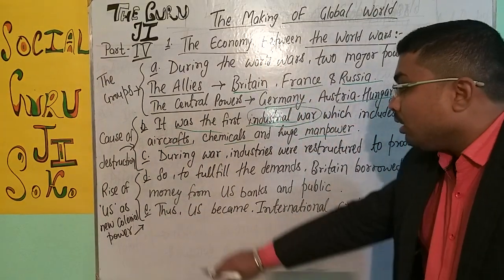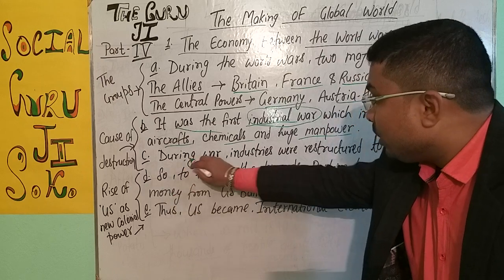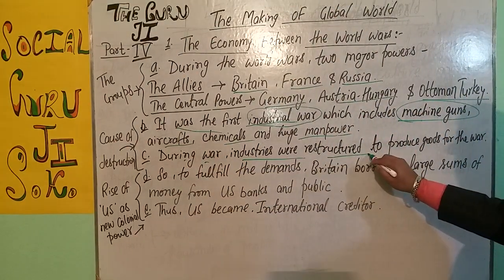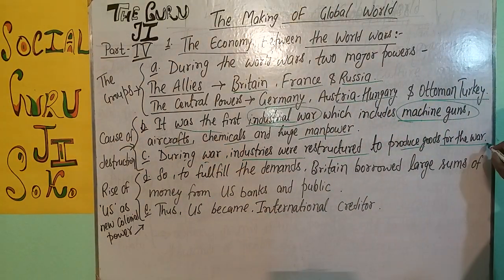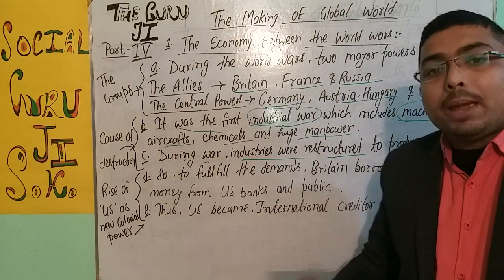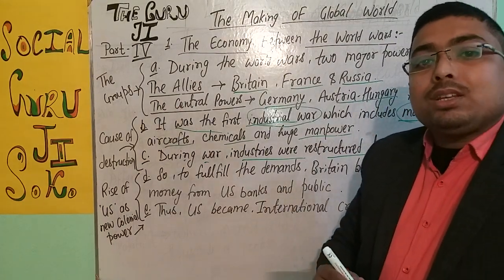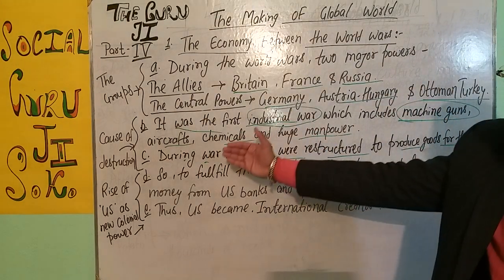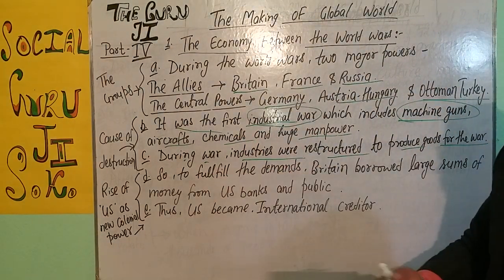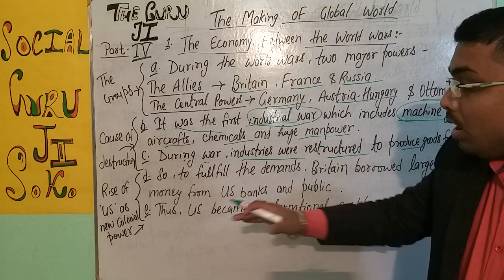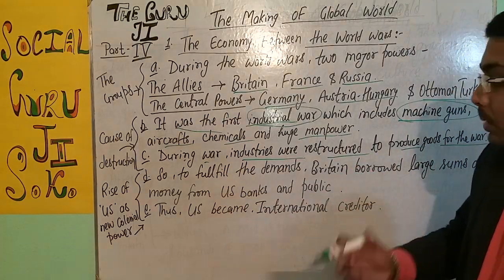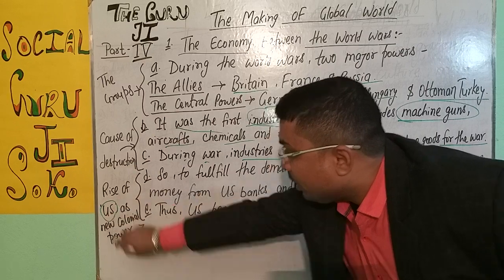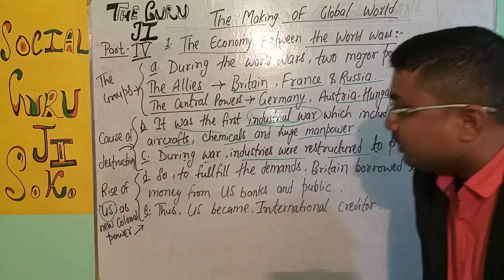Now, the rise. During war, industries were restructured to produce goods for the war. Means ये वो टाइम पीरियड था जब इंडस्ट्रीज को फिर से रिस्ट्रक्चर किया गया ताकि वो वॉर की सप्लाई देने में सफिशिएंट हो सके. Now, what led to the US becoming the new colonial power?